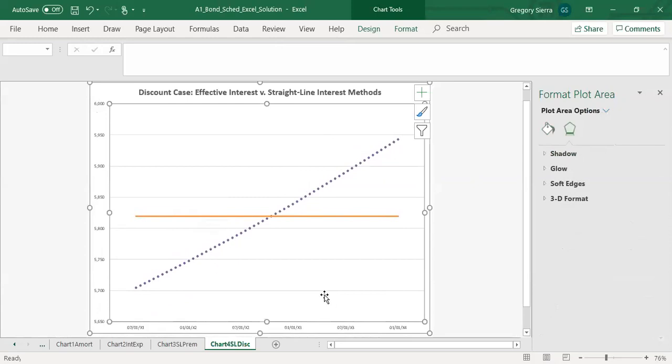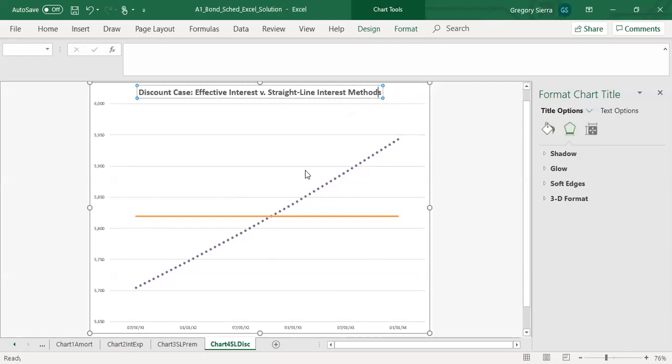Label each axis with text boxes, please. And that should do it. Looks pretty good. Takeaway message up below the descriptive title, put a takeaway, label, text boxes, and then this would be done. Okay, well that's it for the Bond Excel project. And I will see you later, hopefully.